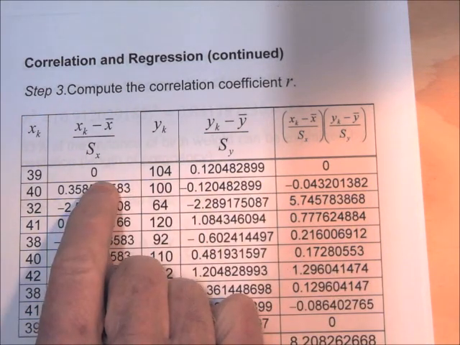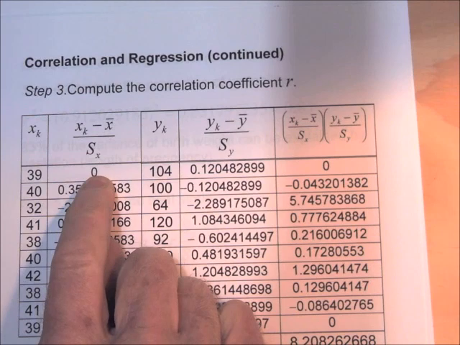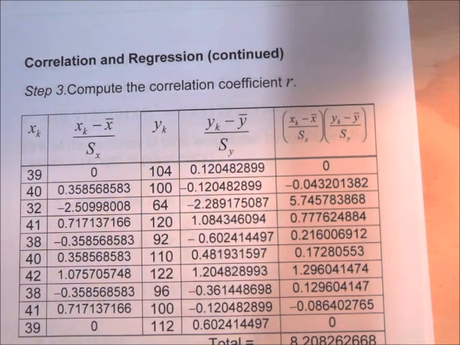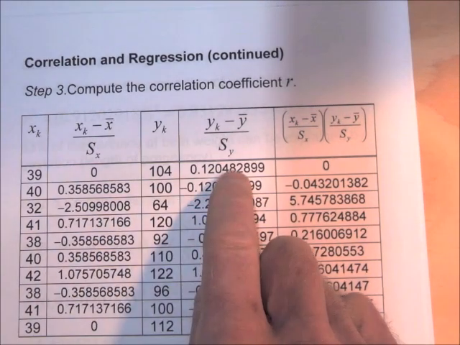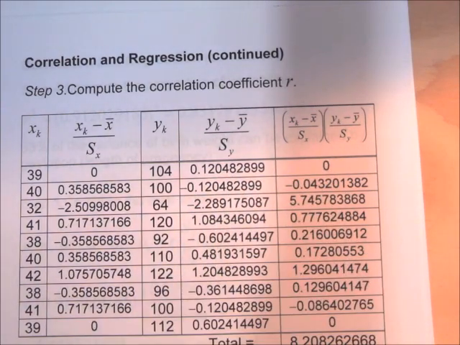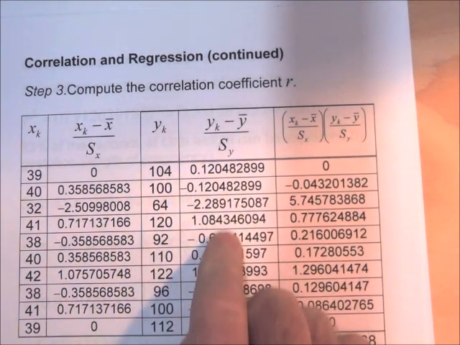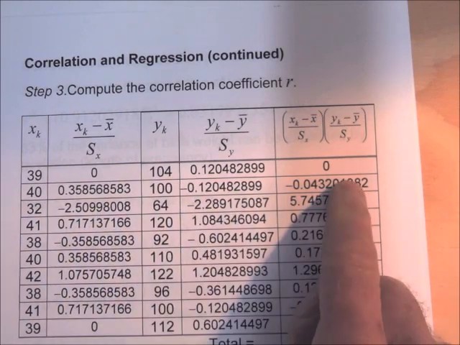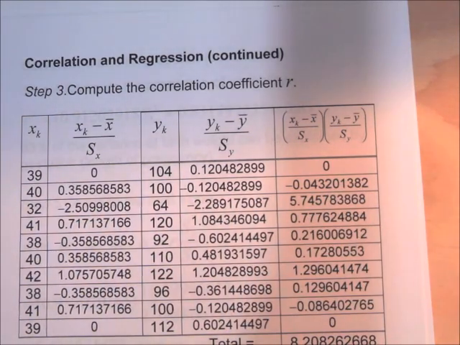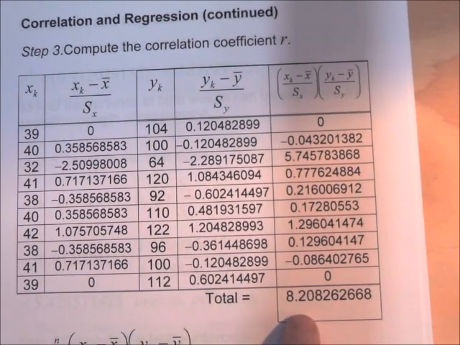And then you multiply the two z-scores together: the z-score for gestation times the z-score for the birth weight. That's 0 times 0.12, which is equal to 0. So you do that for each baby. You compute the z-score for X for each baby, the z-score for Y for each baby, and multiply the two z-scores together. And then you add those up, I guess 8.2.